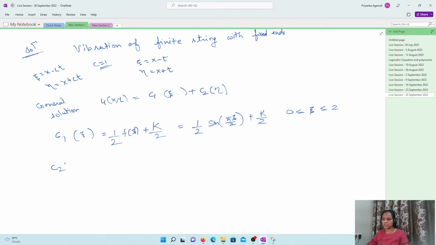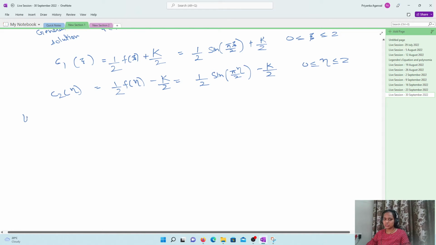And similarly, we can write C2 of beta as 1 by 2 f of beta minus K by 2, and this can be written as 1 by 2 sine pi beta over 2 minus K by 2, and this beta is also between 0 to 2.